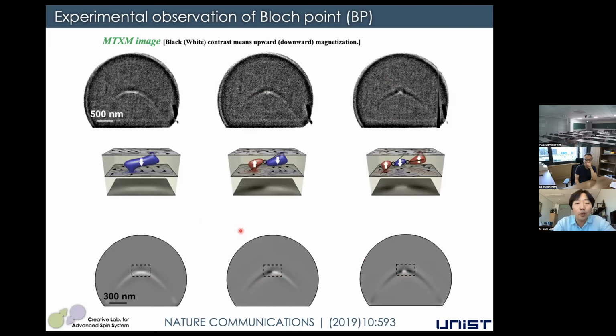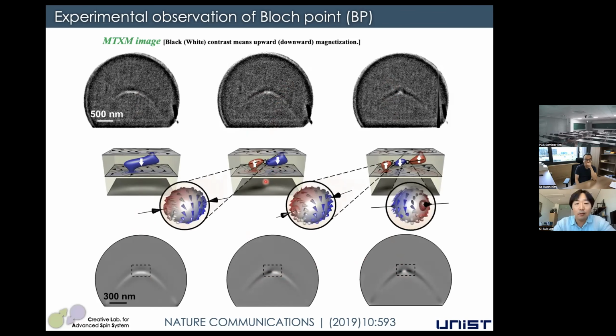We figure out that the first one corresponds to the trivial vortex core structure, but the second one tells us about the up and down core structure with a Bloch point structure, and the third one also has two Bloch point structures, and we can figure out the surrounding structures of the Bloch points.